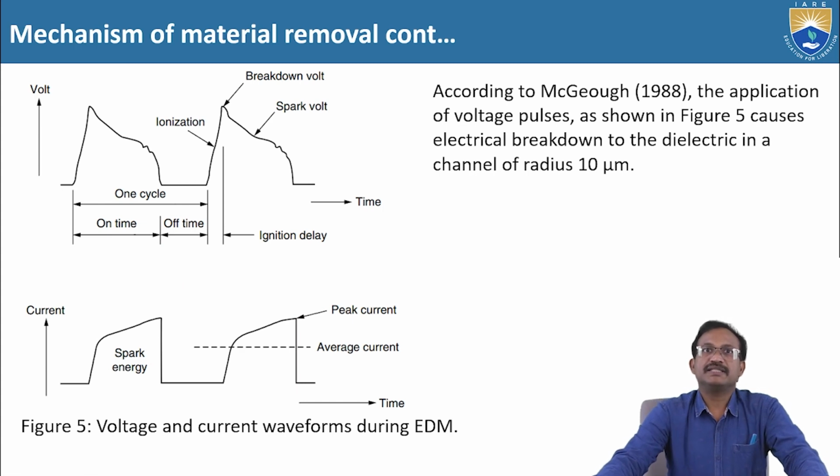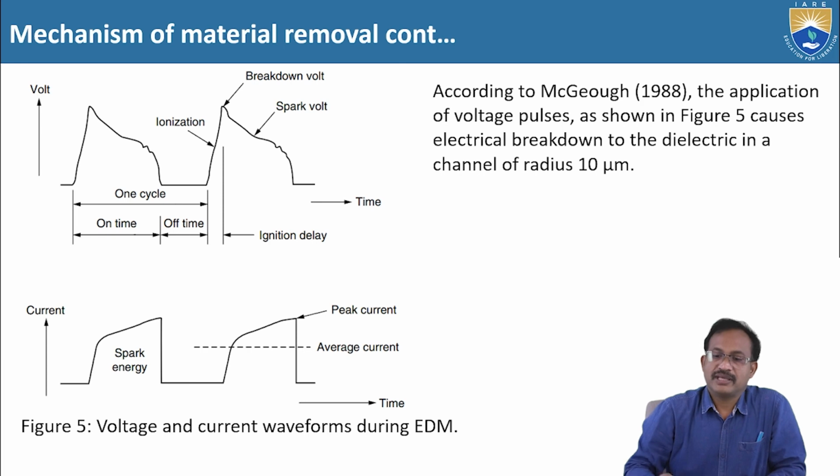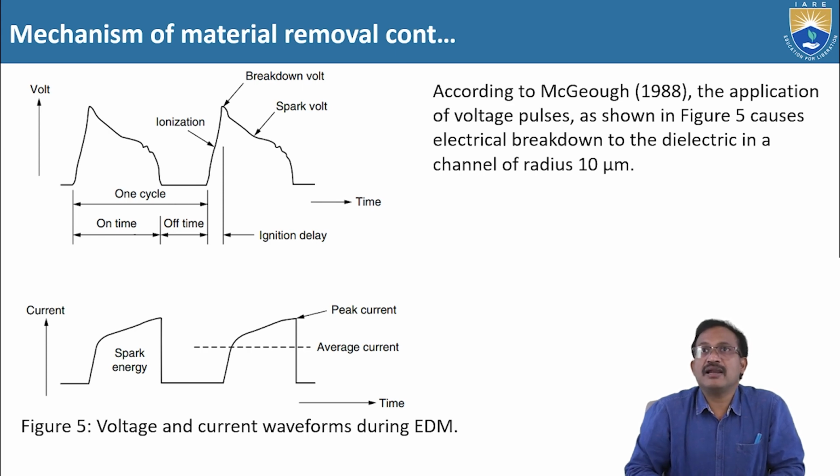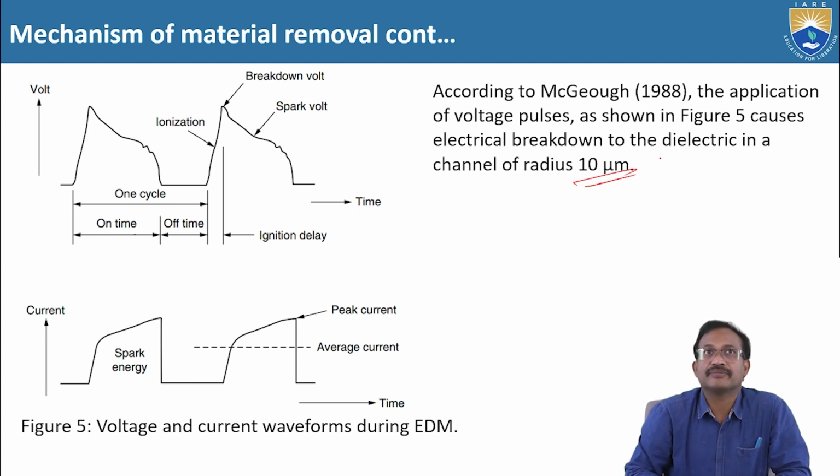Right, now let us see voltage and waveforms during electrical discharge machining. Okay, right, according to Mech of 1988, the application of voltage pulses as shown in figure 5 causes electrical breakdown to the dielectric in a channel of radius 10 microns.